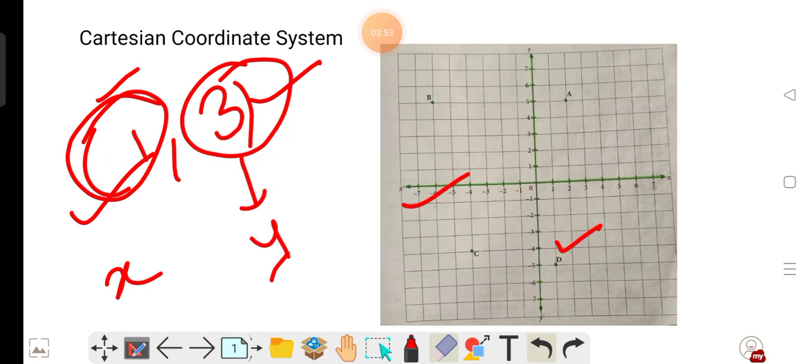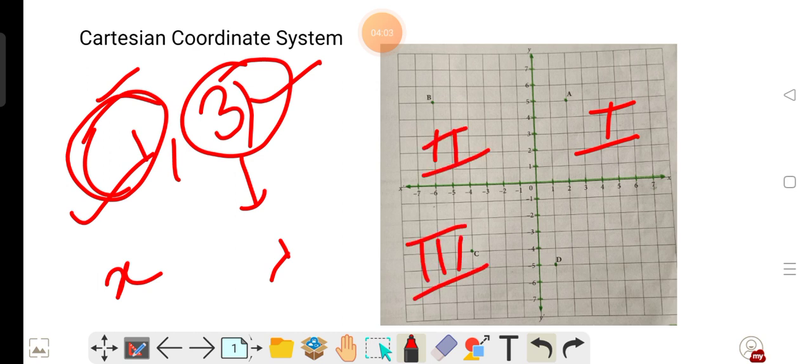Okay. So look at this. This is your first quadrant, this is your second quadrant, this is your third quadrant and this is your fourth quadrant. Okay. So from here we observe in which quadrant negative numbers lie and positive numbers lie, and in which quadrant the negative number of the x-axis will be there and the negative number of the y-axis will be there.